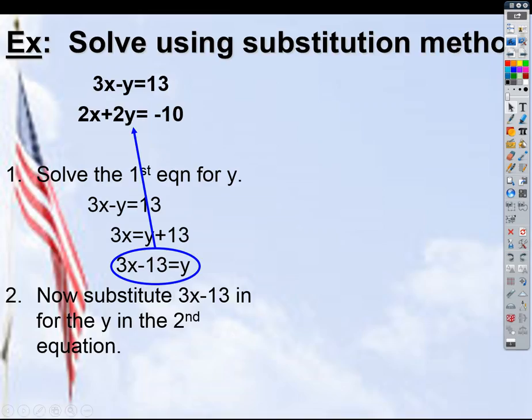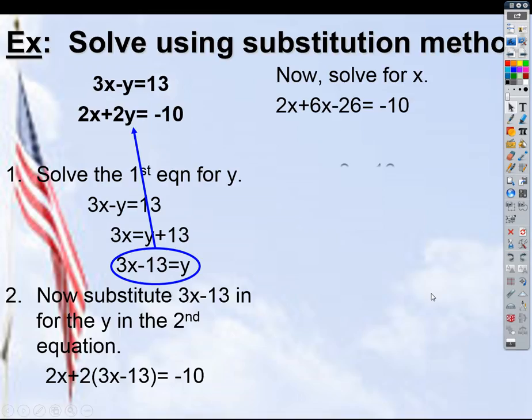We don't have to isolate y, we could isolate x, right? But when I make this substitution, I end up with only one kind of variable, and that's an important thing in math. In algebra, if we can get the equation down to a single kind of variable, we can always solve for it. And so then we just do the algebra. We distributed the 2, we collected like terms, and we isolated the x, and we found out what x was.